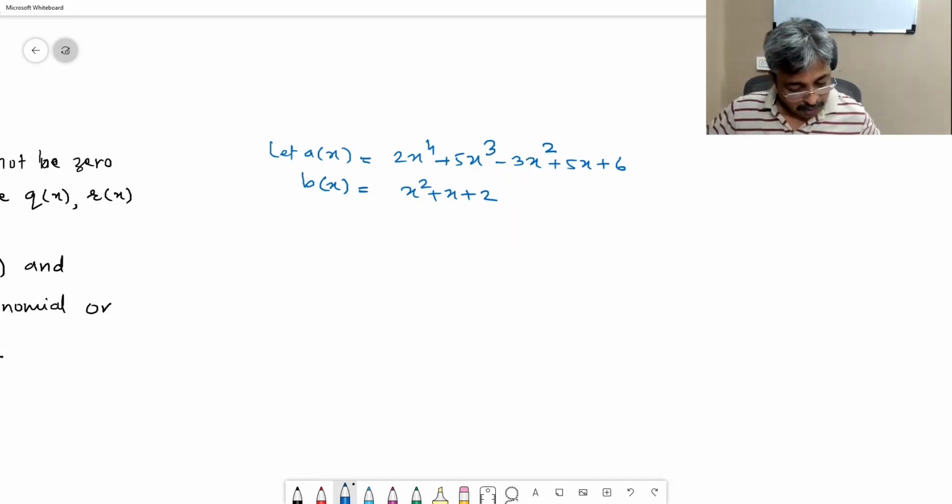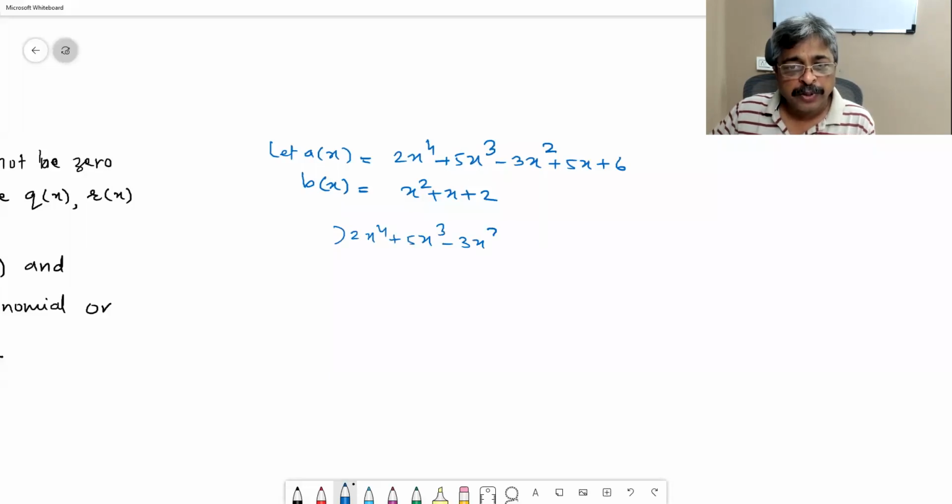So if we really perform a long division of these, which we will do, let us perform long division. 2x raised to 4 plus 5x cube minus 3x square plus 5x plus 6 is to be divided by x square plus x plus 2.